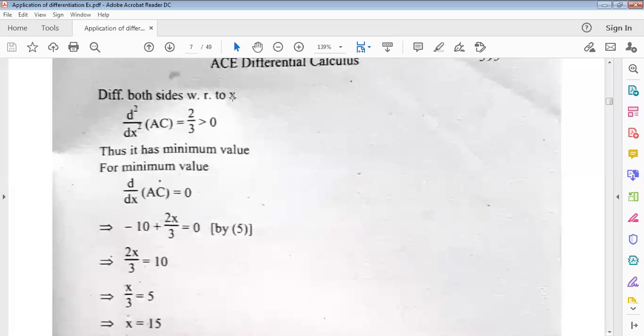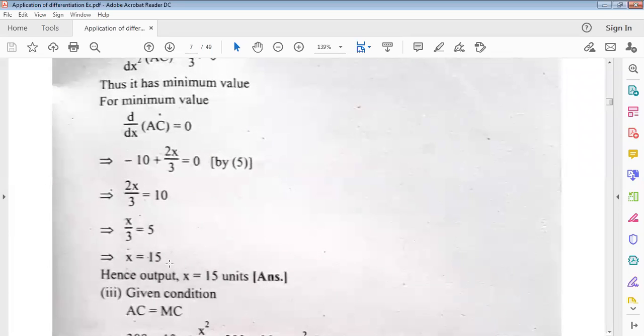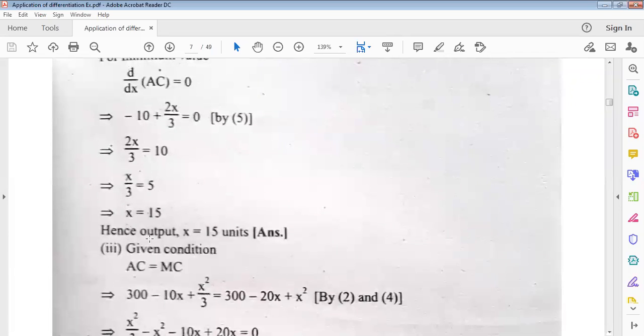Again differentiating the above, d/dx of AC is 2 by 3, which is greater than 0, that means positive. That means it has a minimum value. For the minimum value, d/dx of AC will be 0. The first derivative will be 0. Now putting the value of d/dx AC, minus 10 plus twice x by 3 equals 0. Then x equals 15, just solving. Therefore the output will be 15.